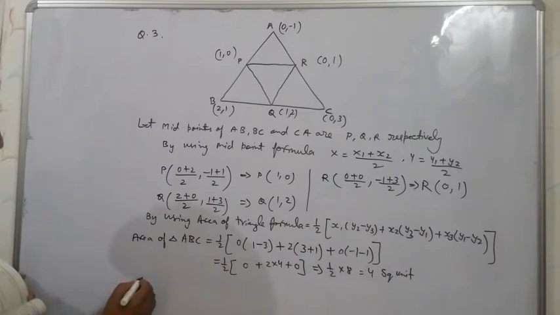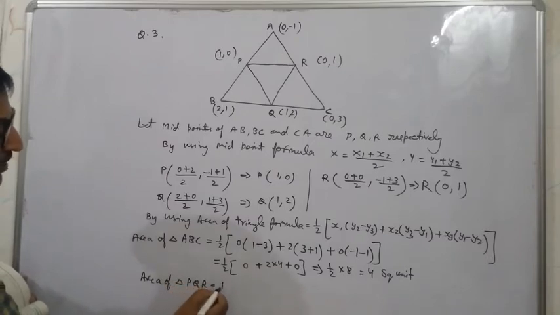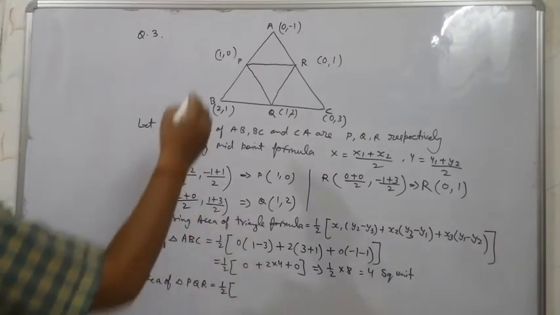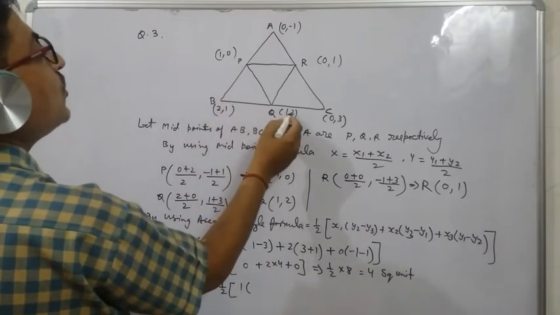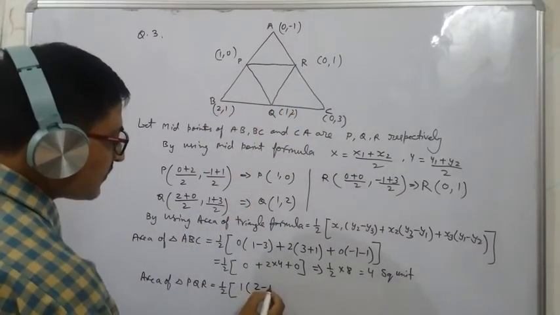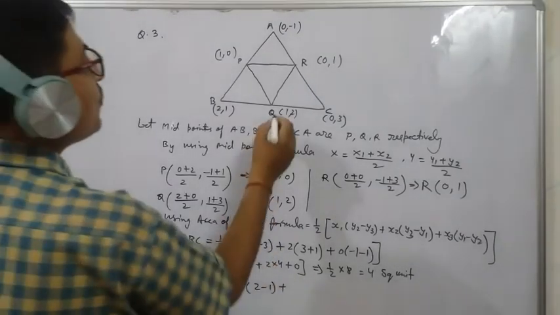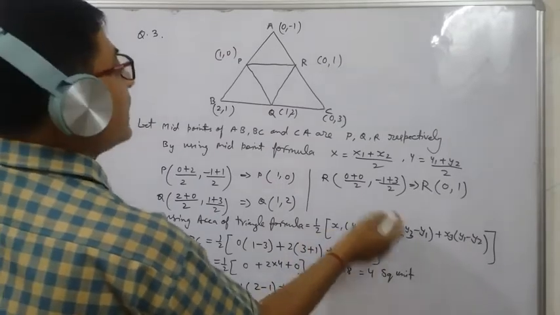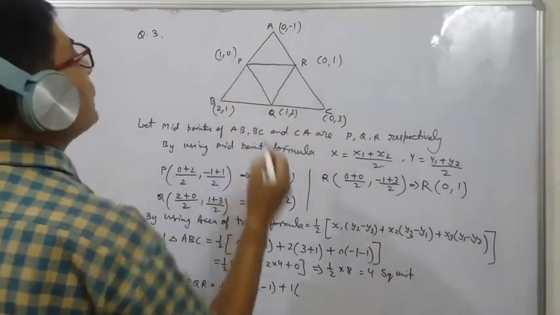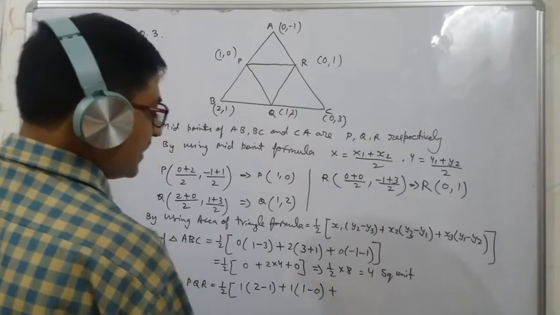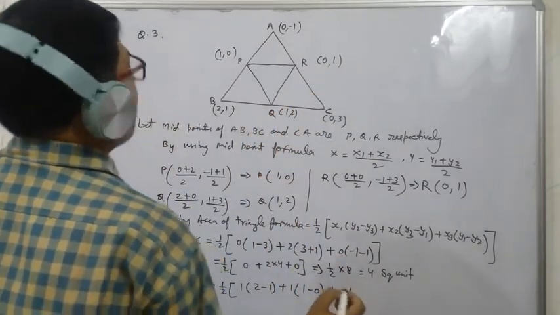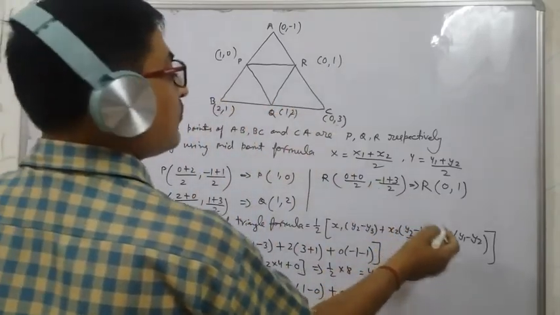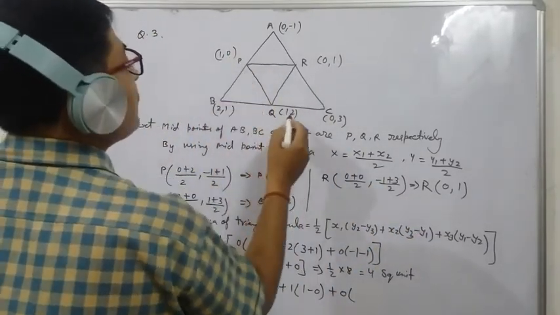Now the area of triangle PQR. Same formula we will use: 1/2 [x1, which is 1, times (y2 minus y3), y2 is 2 and y3 is 1, plus x2, which is 1, times (y3 minus y1), y3 is 1 and y1 is 0, so 1 minus 0, plus x3, which is 0, times (y1 minus y2), y1 is 0 and y2 is 2].